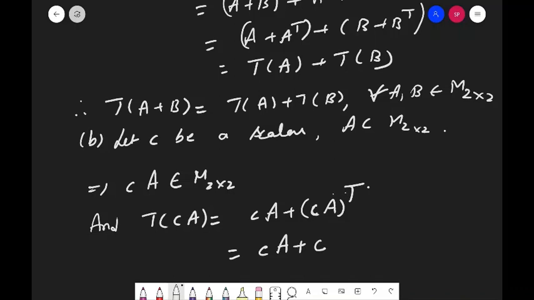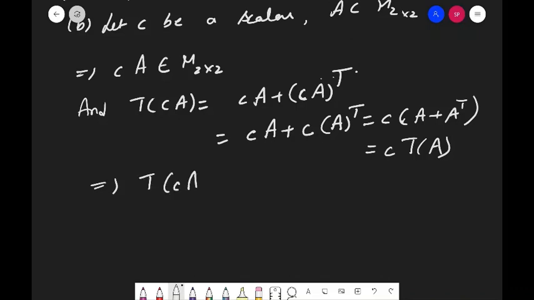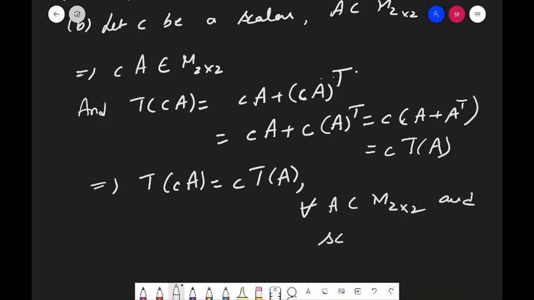So I can bring out the scalar and write it as C into A plus A transpose, which is equal to C into T of A. This implies T of CA is equal to C into T of A for all A belonging to M2 by 2 and scalar C.